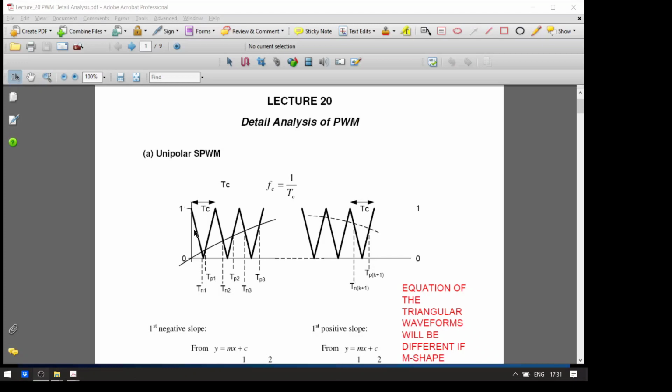Okay, so the other thing is we need to determine first the period for the triangular carrier signals. Okay, this is the period for the carrier signals.